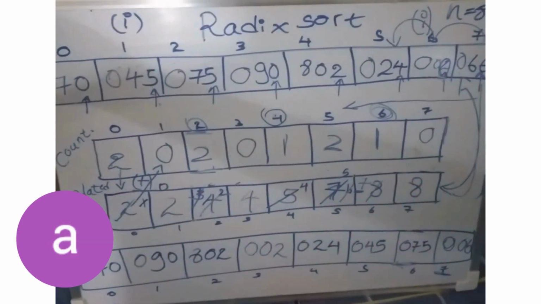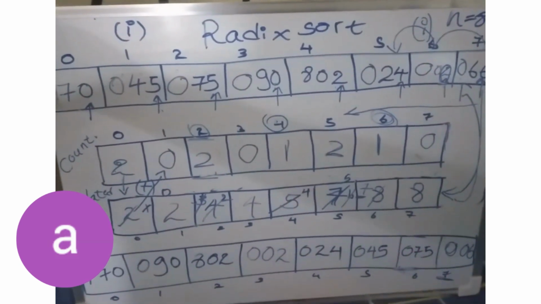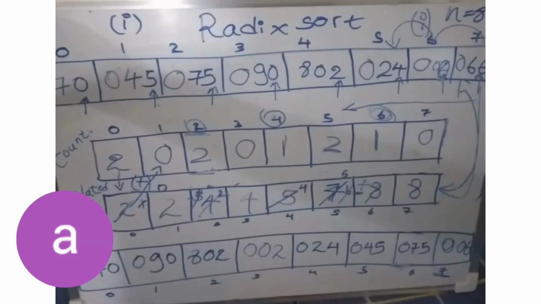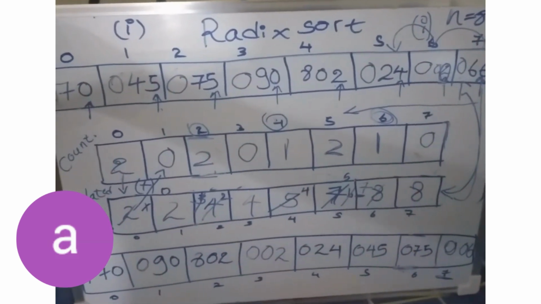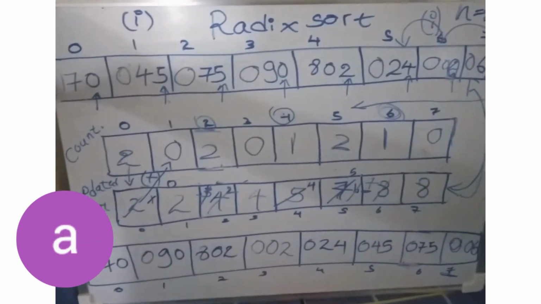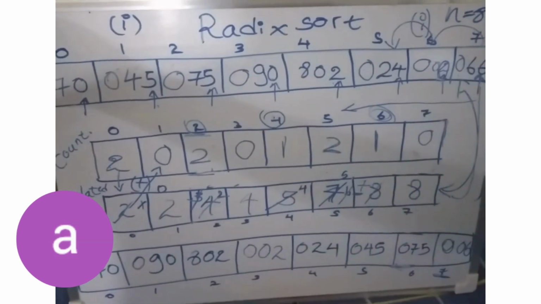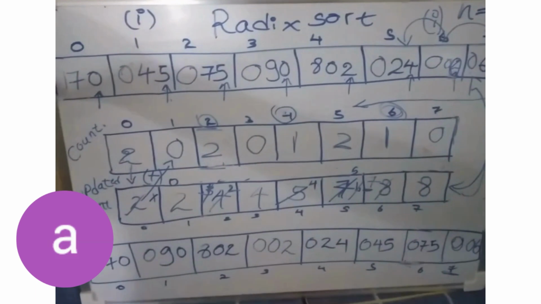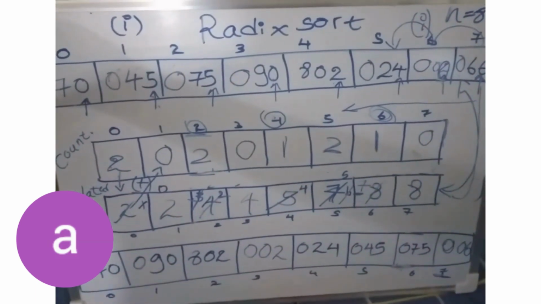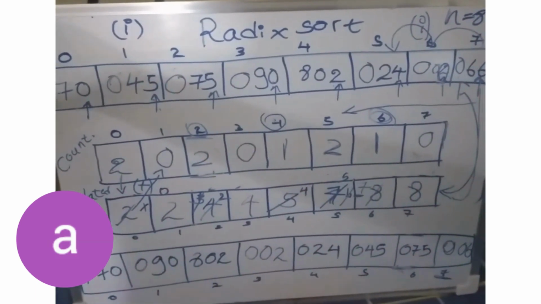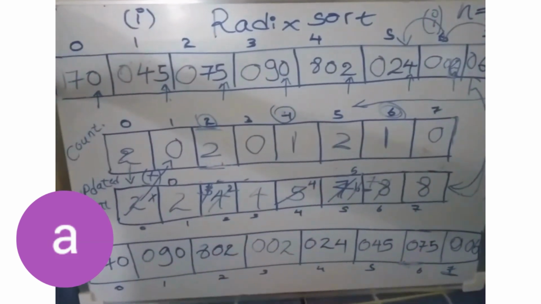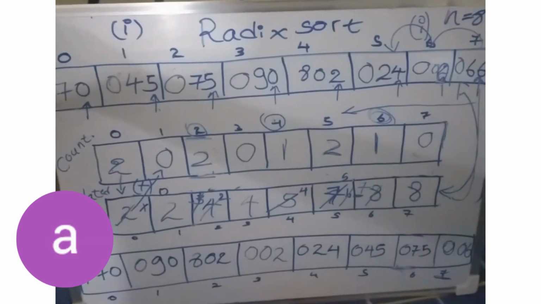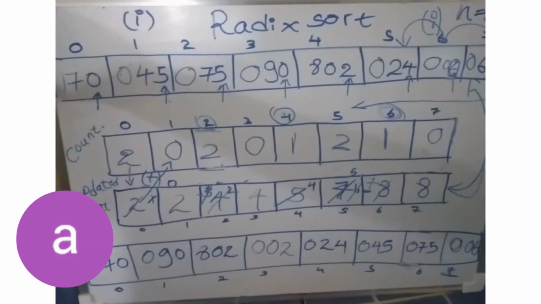In the previous one we found the count for the first place, and now we have to find the count for the 10th place. To get the count for the 10th place, we take the array from the previous one. So let's calculate it also.